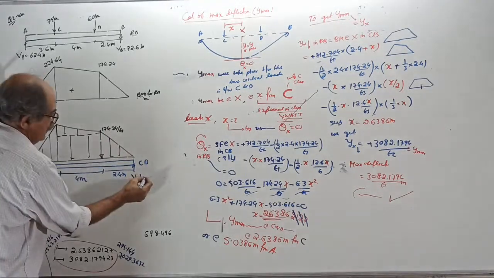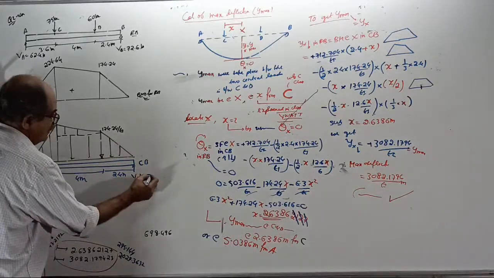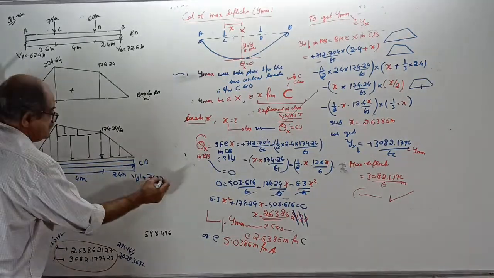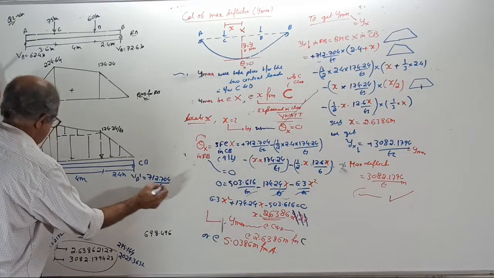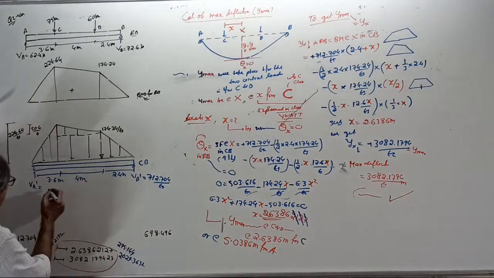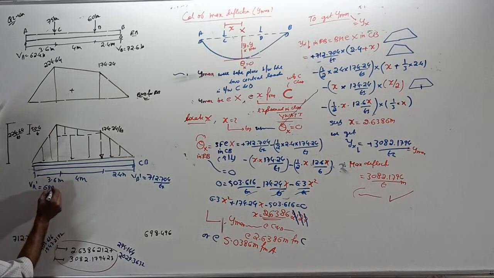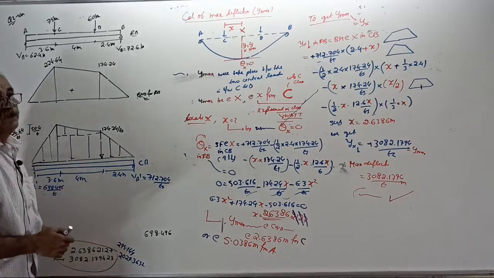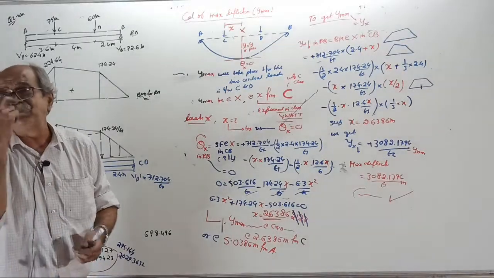Now VB dash has to come 712.704 by EI and VA dash has to come 698.496 by EI. Okay, I will start now. See, fast I will tell. You should write after the class.